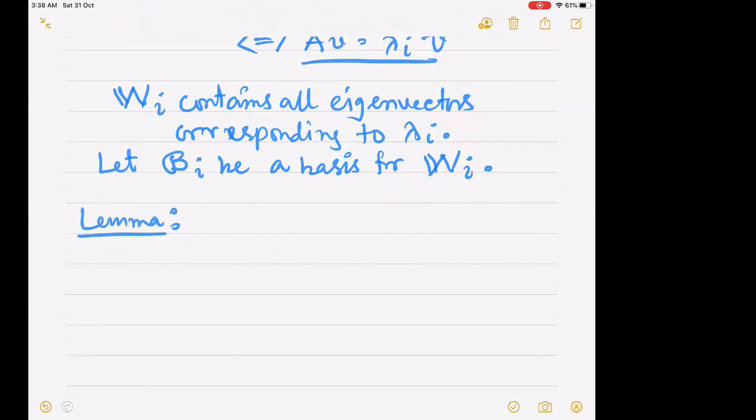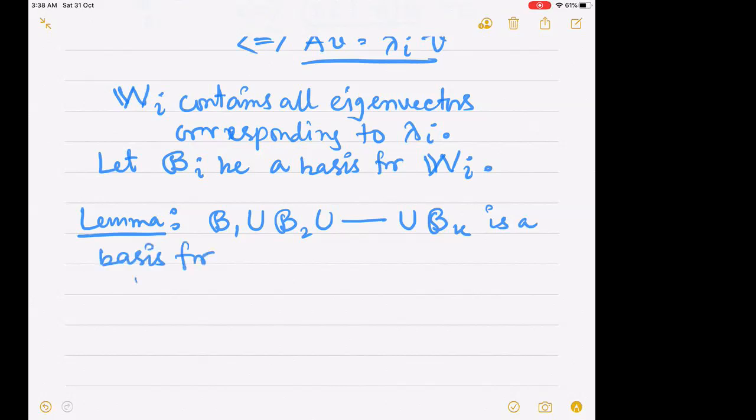The lemma says that B1 union B2 union dot dot dot union Bk is a basis for W, defined as W1 plus W2 plus dot dot dot plus Wk.